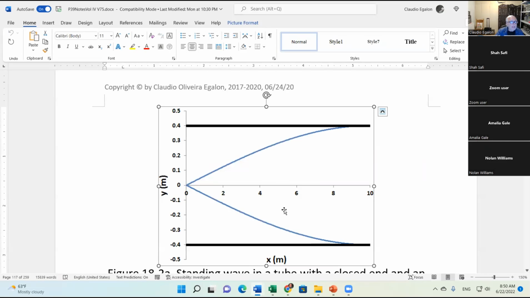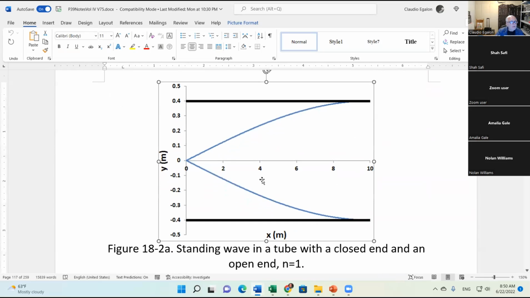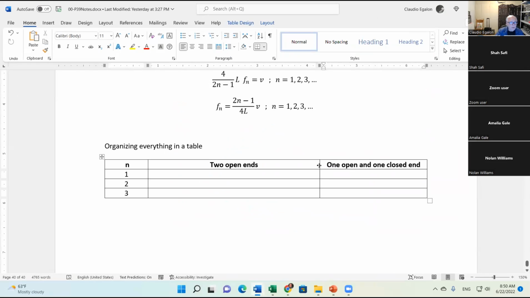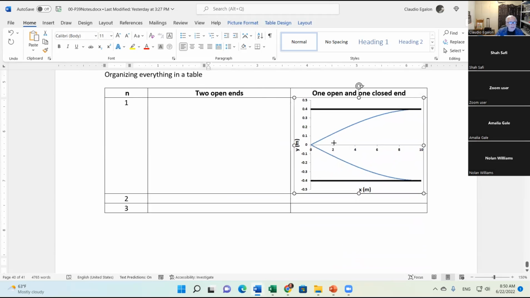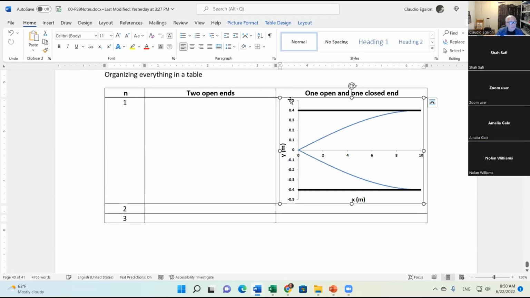Okay, two open ends. This goes n equals 1. Let's shrink it as much as I can. All right, so here we go. I want to keep the same size on both here.